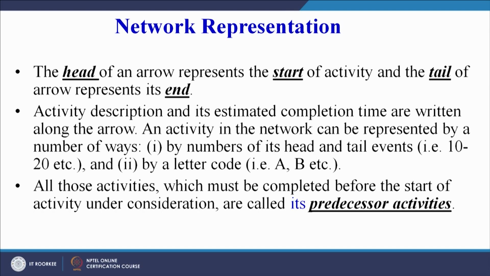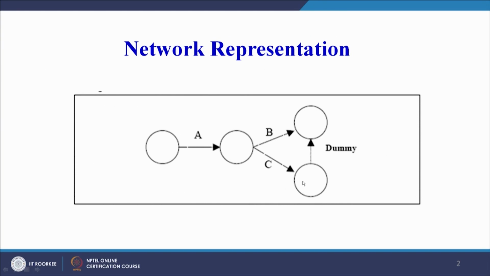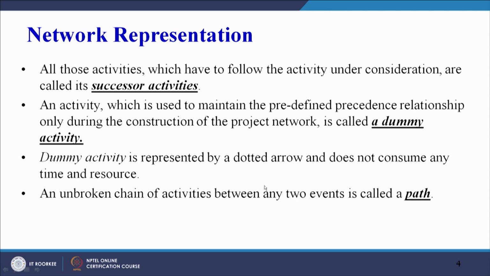If we see the previous network, in this network activity A must be completed before the start of activity B and activity C. Therefore activity A is a predecessor for activity B and activity C. All those activities which have to follow the activity under consideration are called its successor activities. Similarly, B and C are successor activities to activity A.